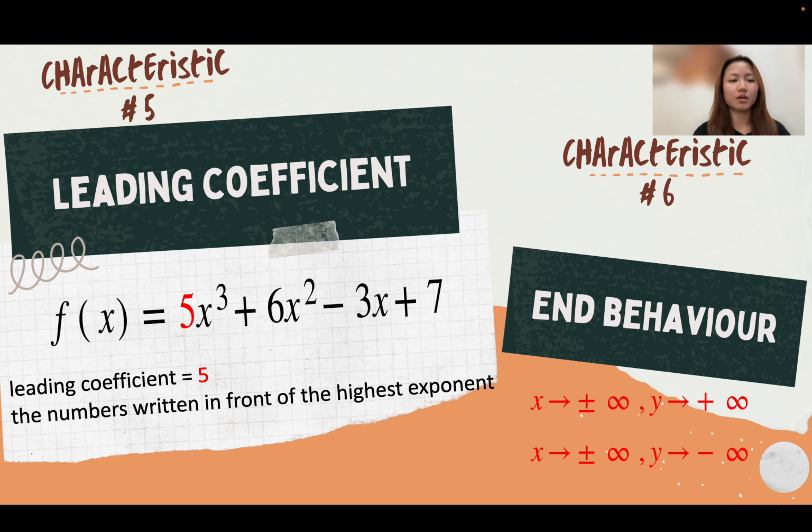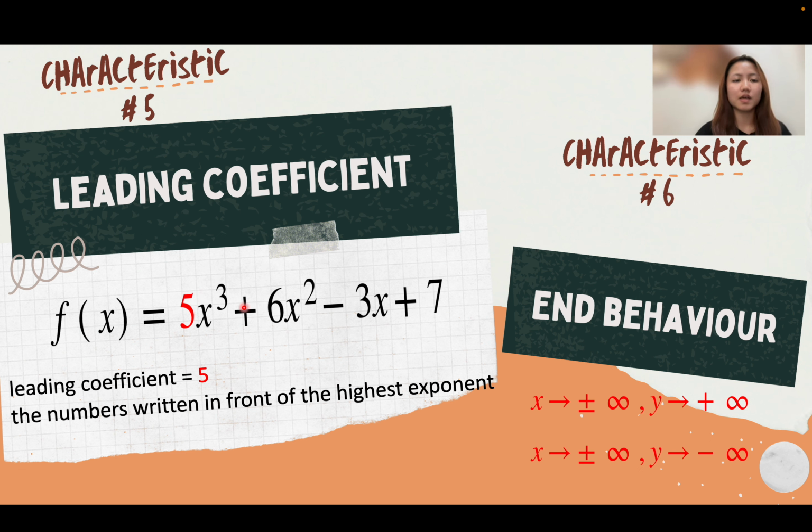And then we are going to talk about the leading coefficient. Just now we talked about degree being the highest exponent in the expression. And what is the leading coefficient? The leading coefficient is the number in front of the highest exponent. You see, just now 3 is the degree, so the number in front is the leading coefficient.